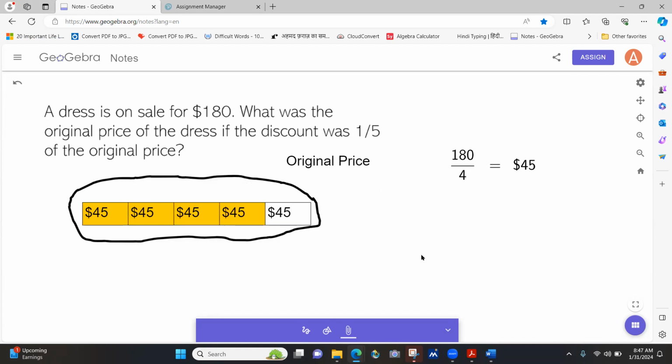Now the question says, what was the original price? Well, the original price was comprised of 5 rectangles, and each little rectangle is worth $45. So it better be 45 times 5.